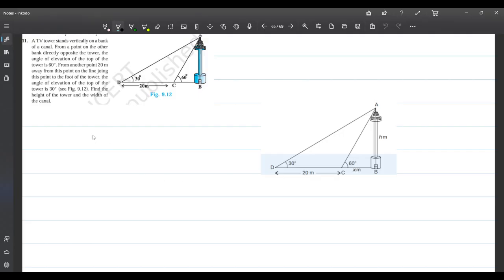So let the width of the canal be x meters and the height of the tower be h meters.